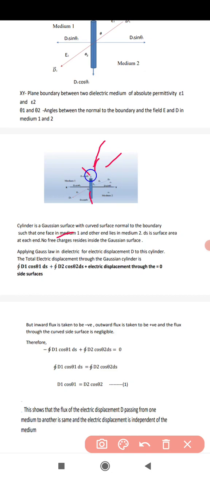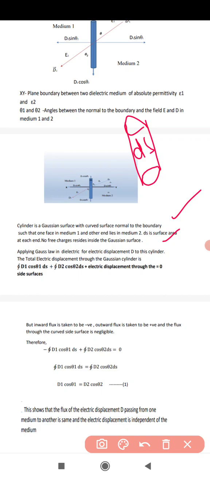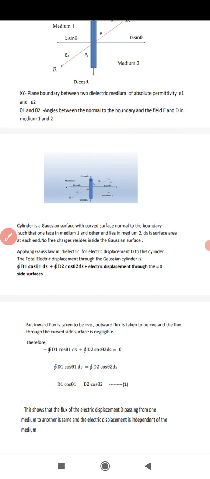One face starts in the first medium and the other ends in the second medium. ds is a small area of the cylinder, with the same area at each end. No free charges are present inside the Gaussian surface.